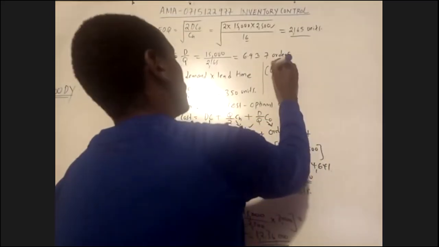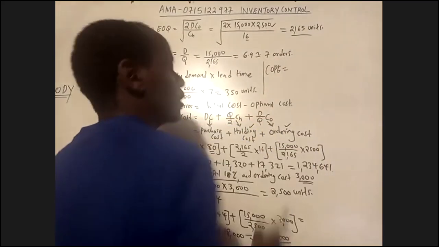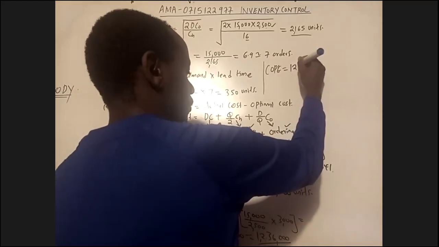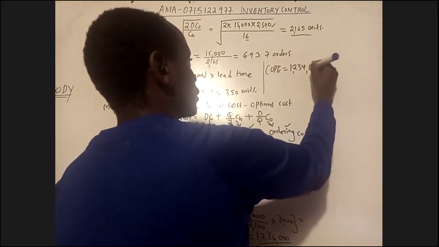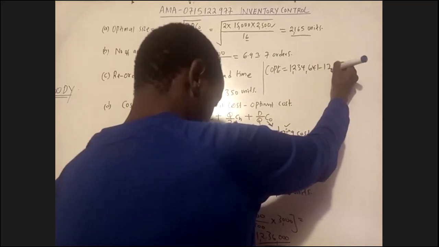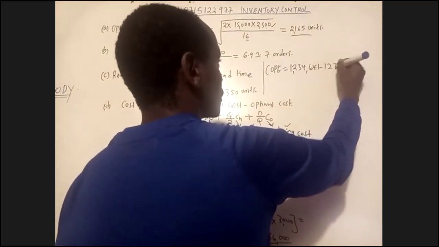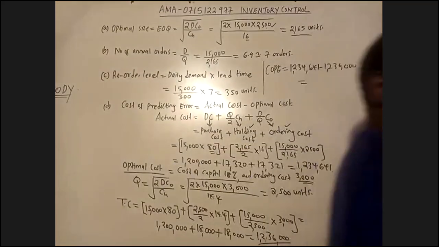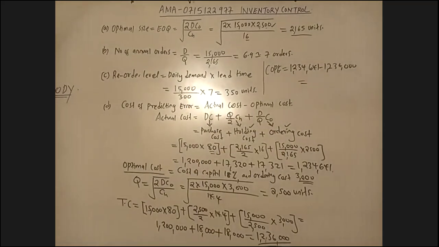Now let's find our copy. Our copy will be actual cost, which is 12,34,641, minus 12,36,000.